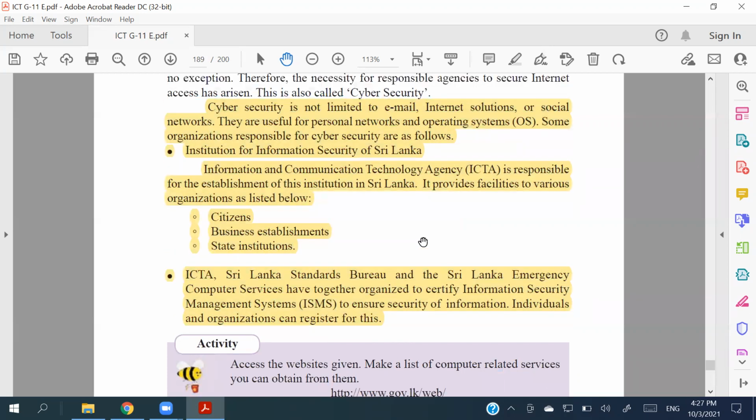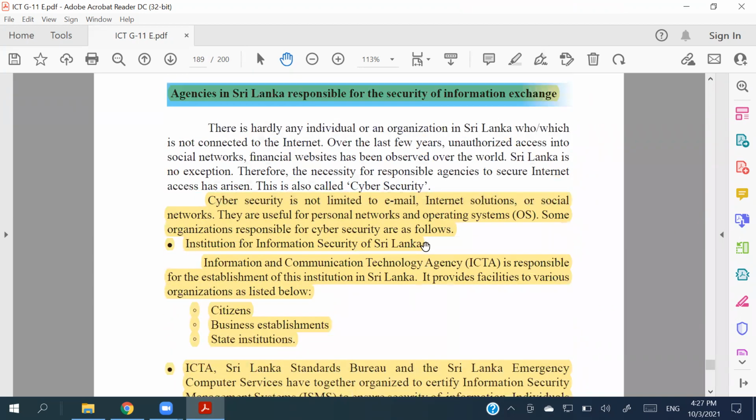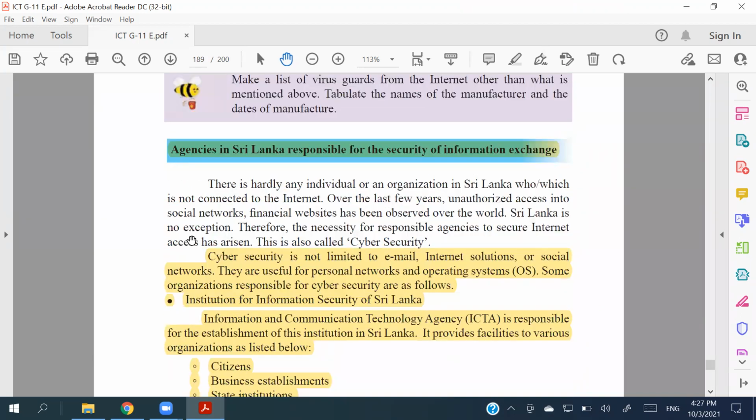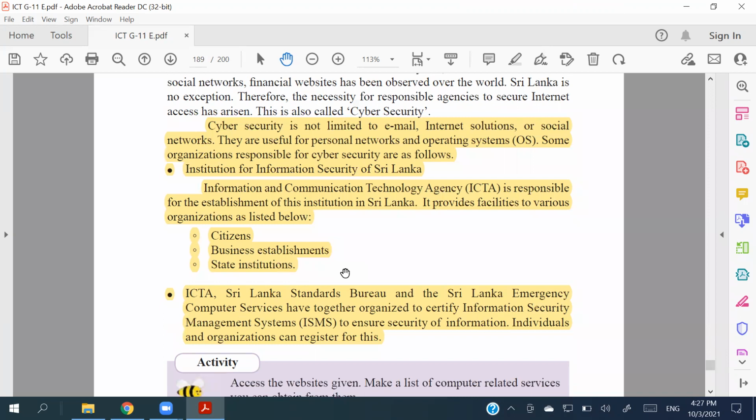Please mark it, people. On page number 179, starting from the second paragraph to the bottom, you have to copy it down, right? Please mark it in your book with a pencil.